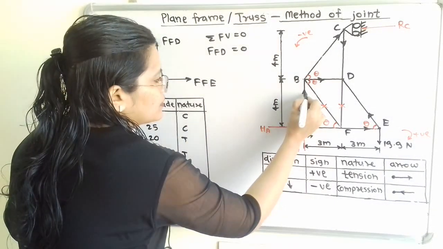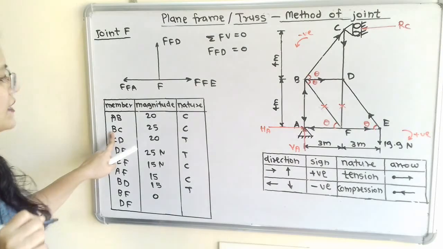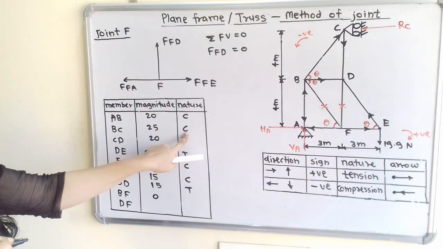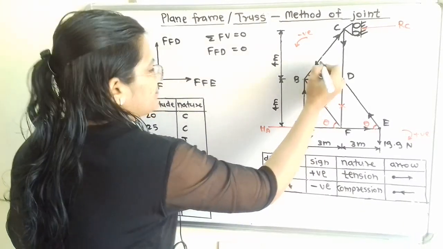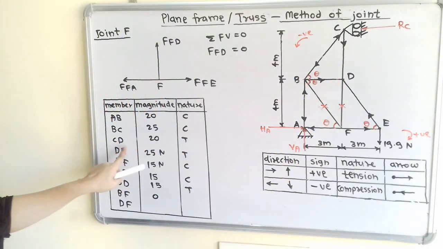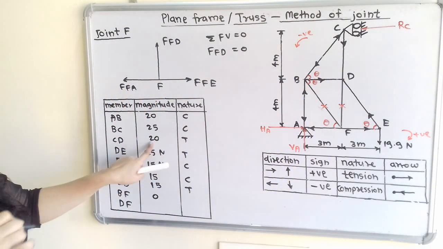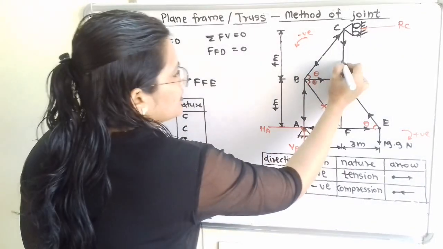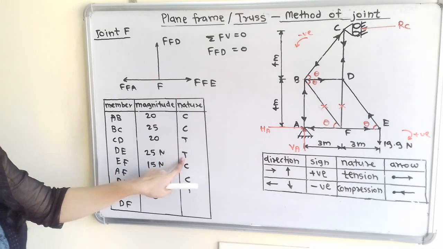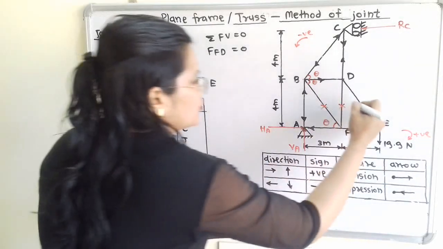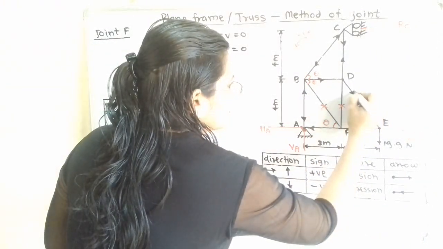So I will show here. Then for BC, nature is compression, magnitude is 25. So I will complete here. For CD, it is tension, so we have to show the arrow. Then DE, it is 25 Newton tension, so we have to show arrow away from this joint.